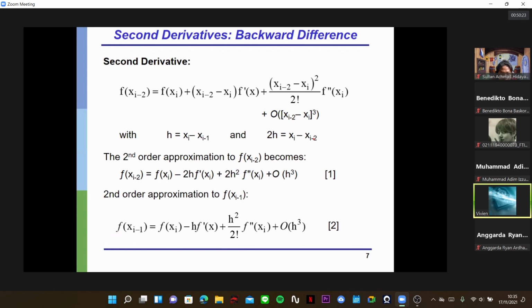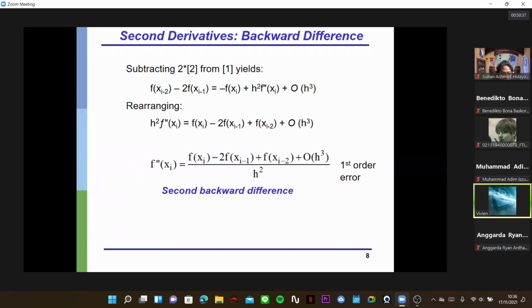So for the second derivative as well, we can also combine the equations. For example, we have f(x_(i-2)) and we combine the Taylor series expansion with f(x_(i-1)). When we combine both equations, we end up with a new equation to find the second derivative, which is also first order, because when we divide by h squared, this will be h to the power of 1.